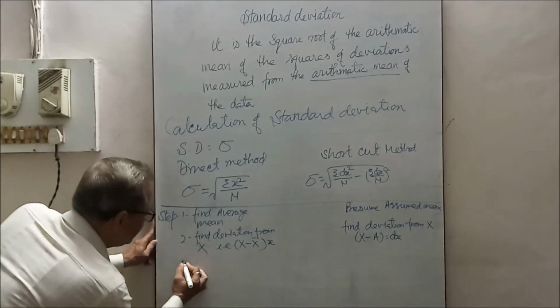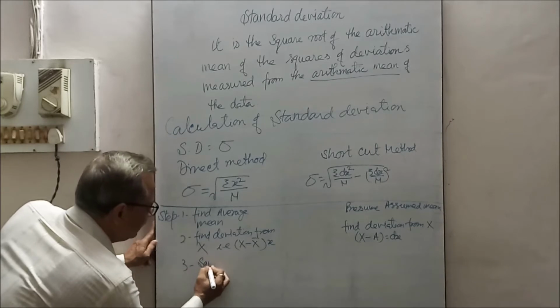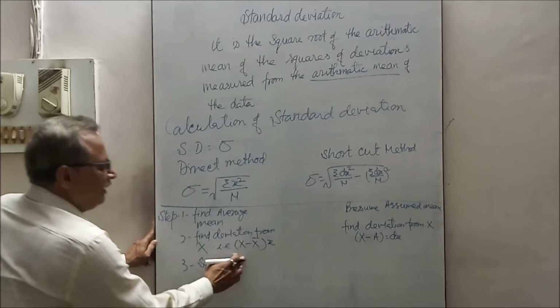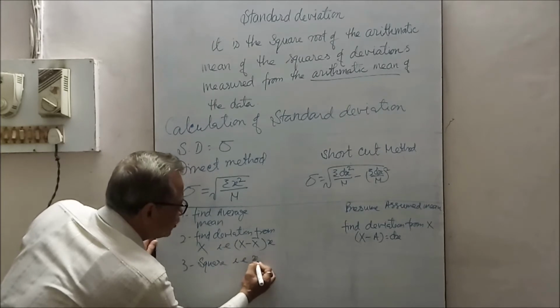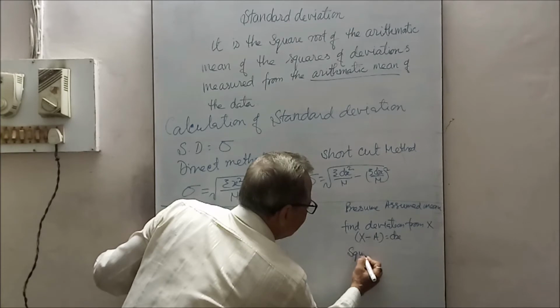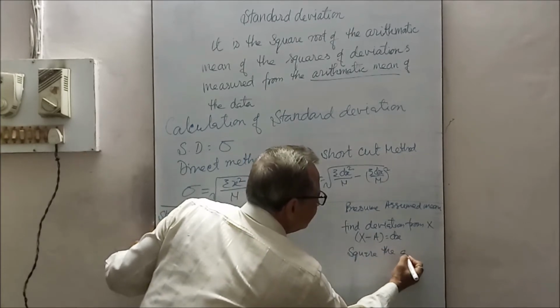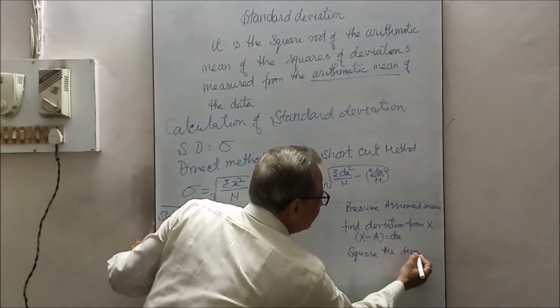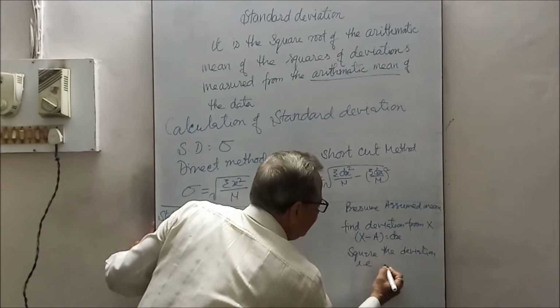Third step, square the deviation, that is dx square.